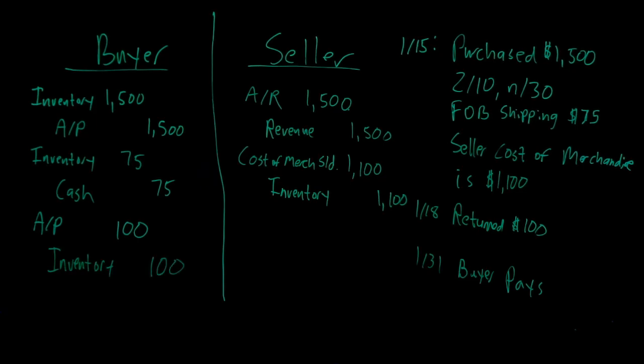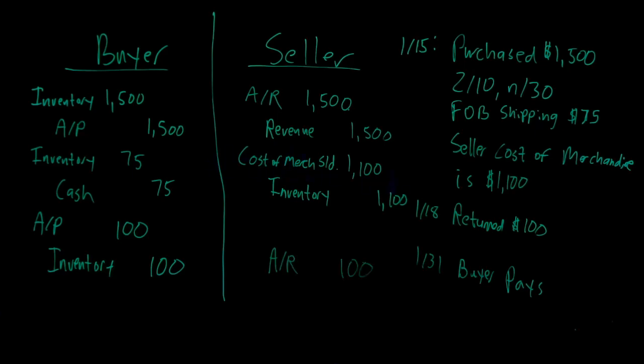From the seller's perspective, is the buyer going to pay them $1,500 anymore? No, because they returned $100 worth of stuff. So we're going to have to reduce accounts receivable by $100.